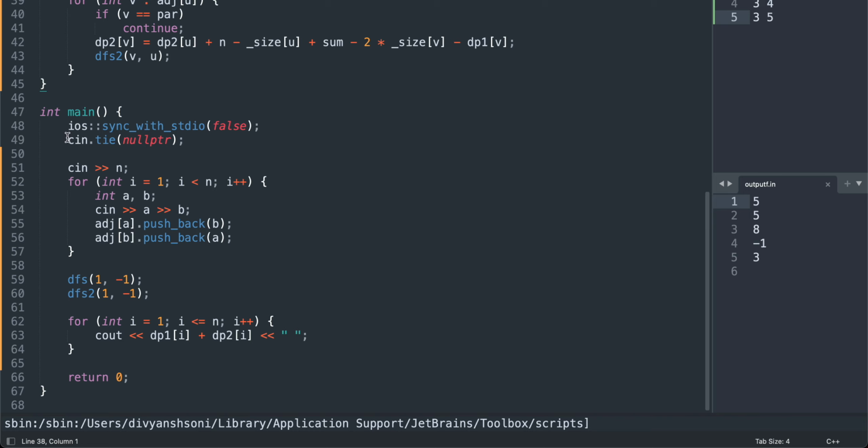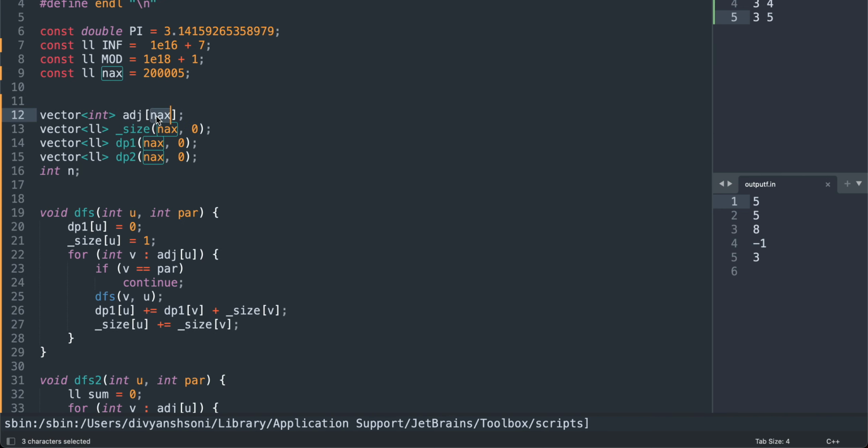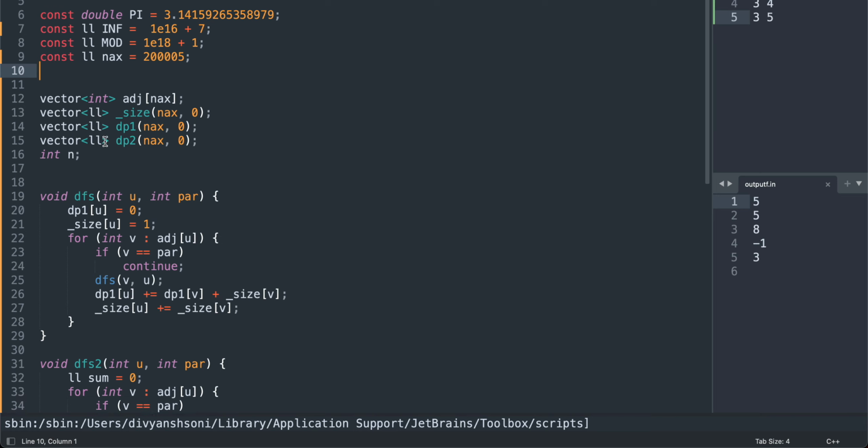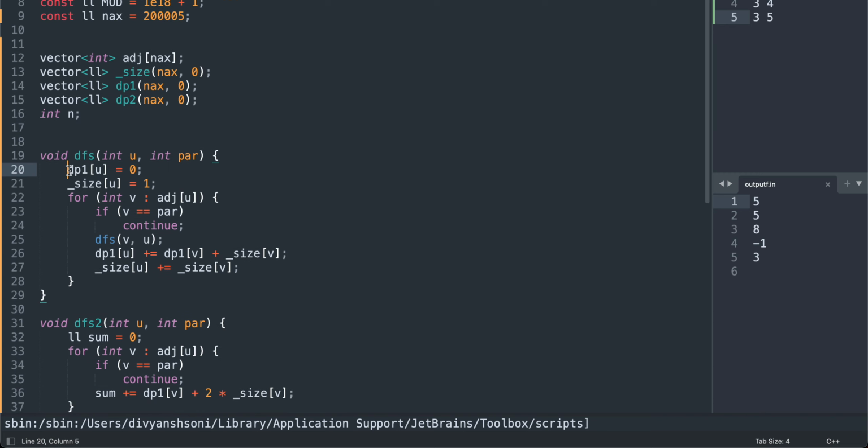Okay, let's read it once. Okay, scan N, 1 to N, scan A B, push back, DFS 2 and then go through N and write the values. Okay, looks fine. Vector of int adjacency, next ll is my value. Then int N, dp1 of u is 0, size of u.